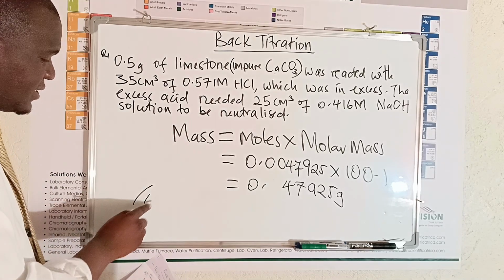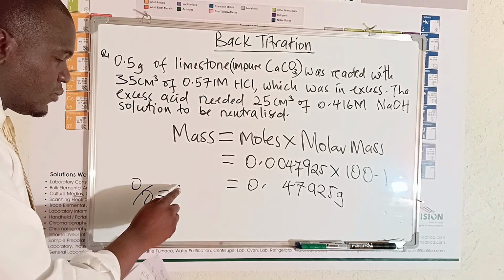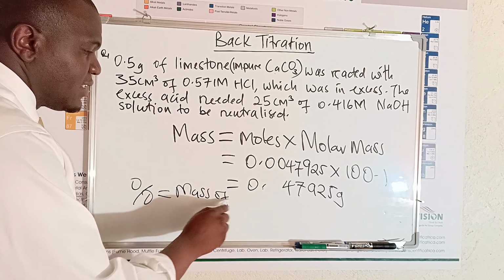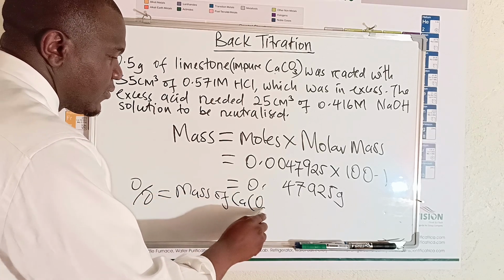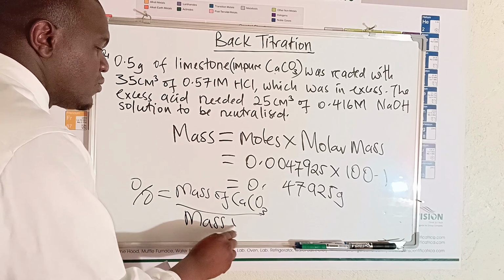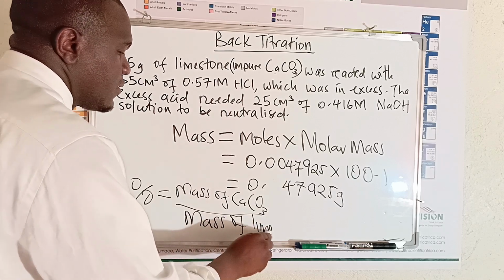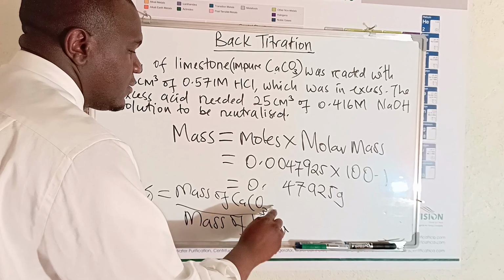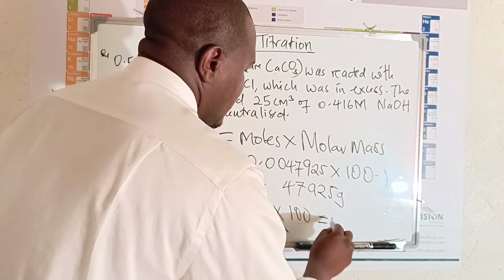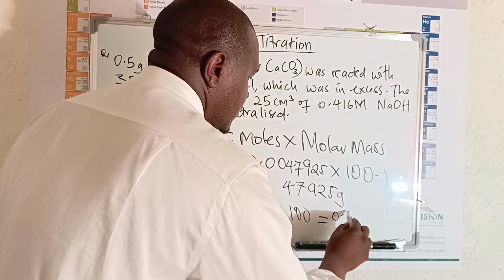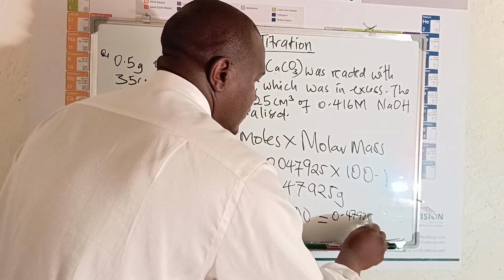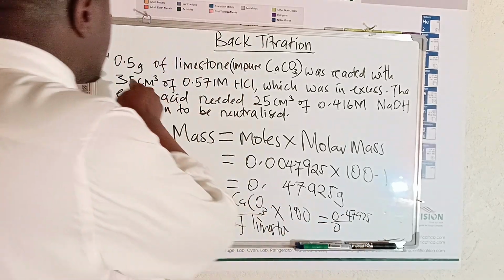Now the percentage purity is equal to the mass of calcium carbonate divided by the mass of limestone multiplied by 100. So in this case, we have 0.47925 divided by the initial mass, which was 0.5.